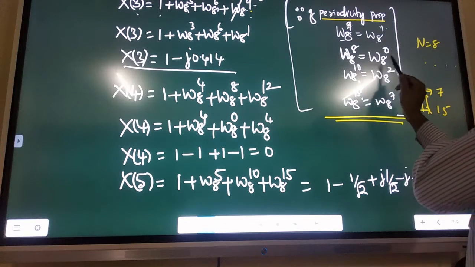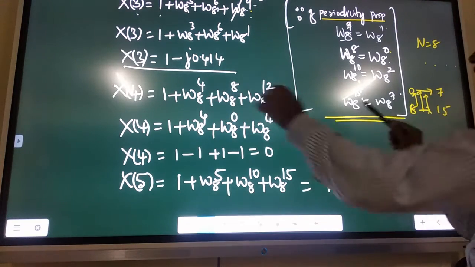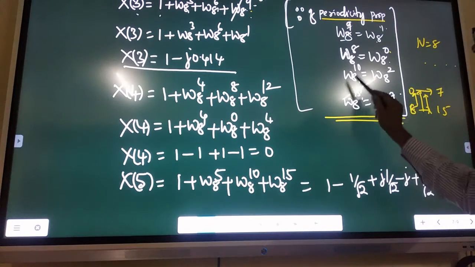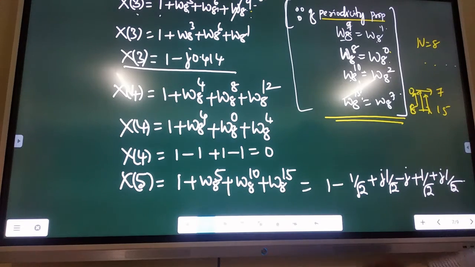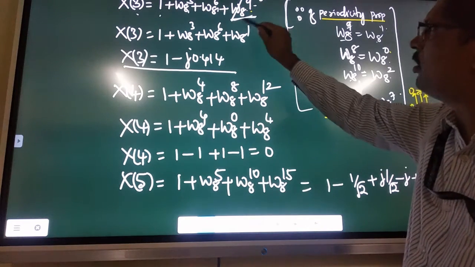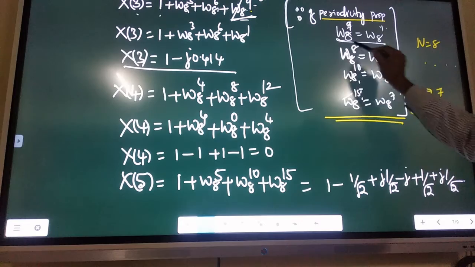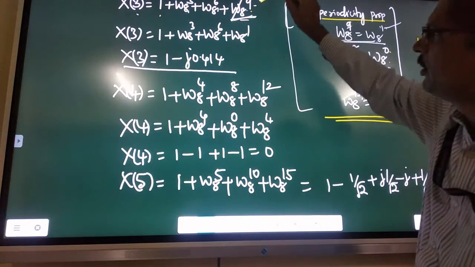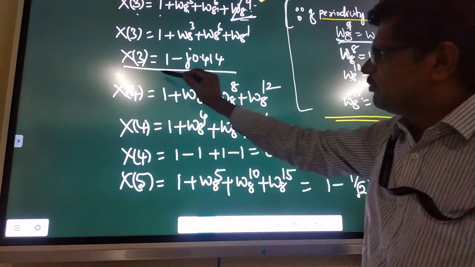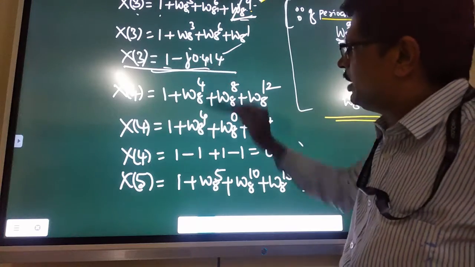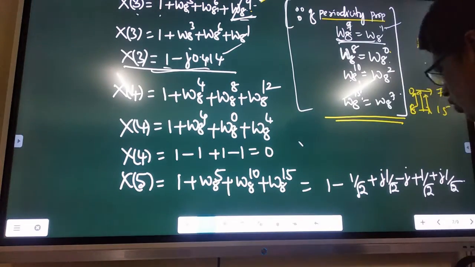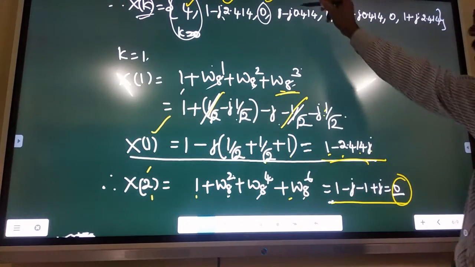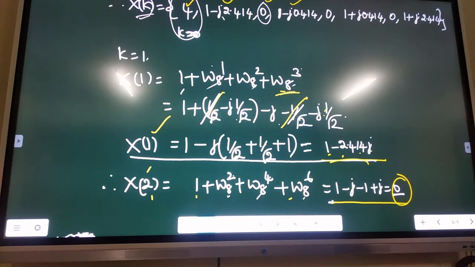Omega 8 power 8 is nothing but omega 8 power 0. Periodicity, right? Omega 8 power 10 is nothing but omega 8 power 2. Substitute using this periodicity property, then write values, solve it, you will get 1 minus j0.414. You will get the fifth sample as 1 minus j0.414.